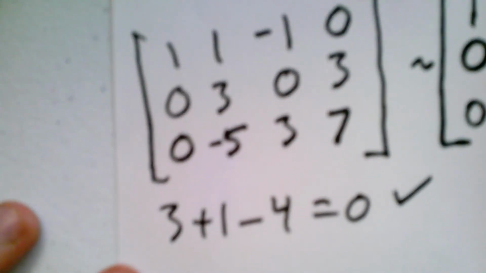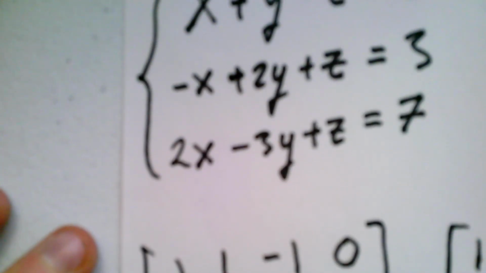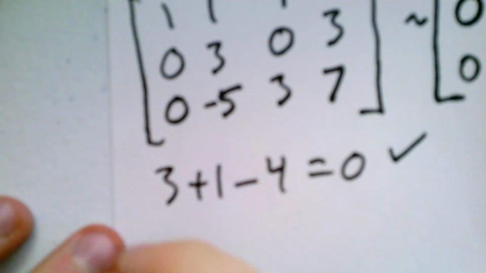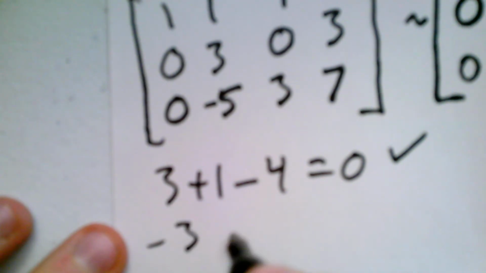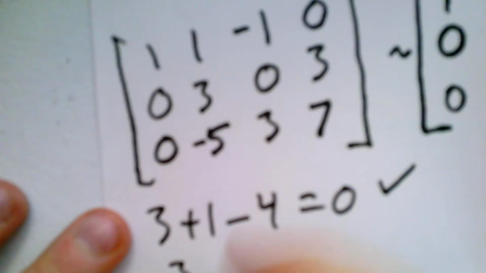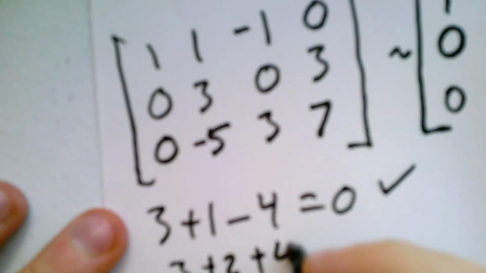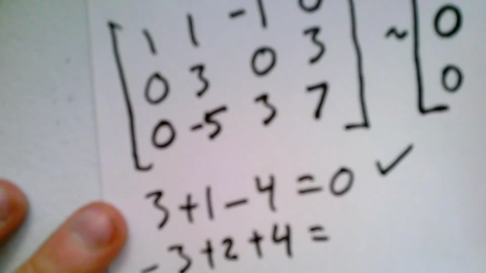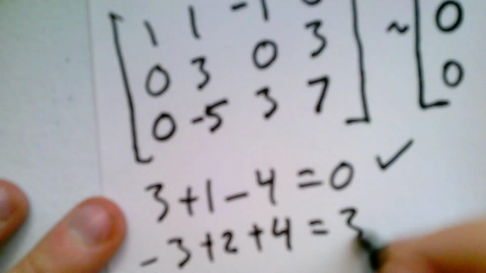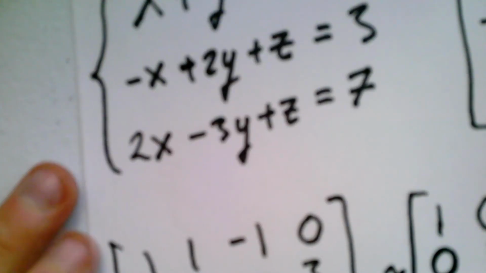So negative x is a negative 3, plus 2y is plus 2, and then plus z, which is 4. Negative 3 plus 6 is 3. That works as well. So we satisfy the second equation.